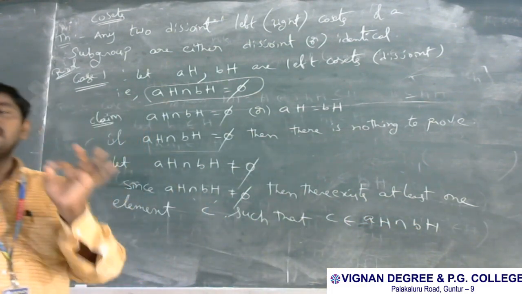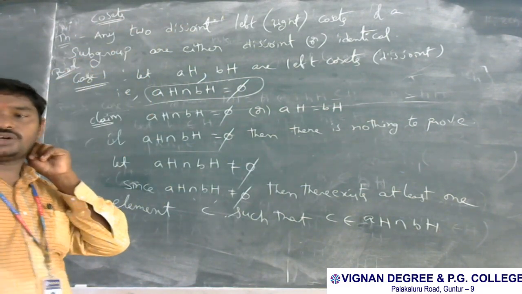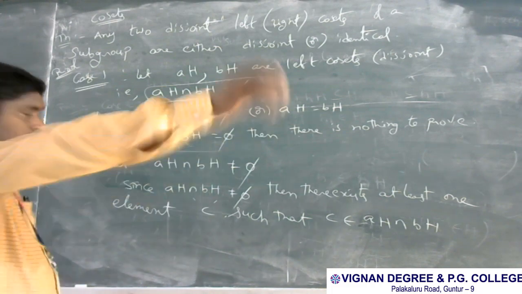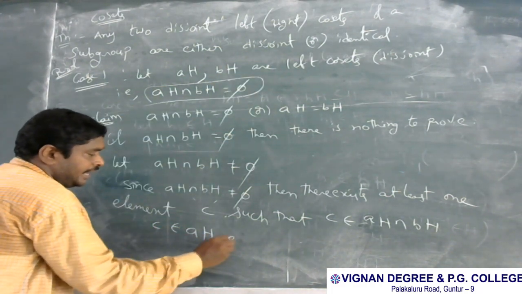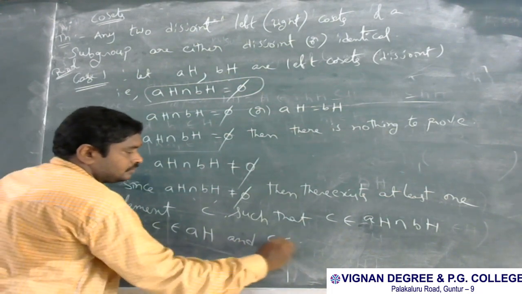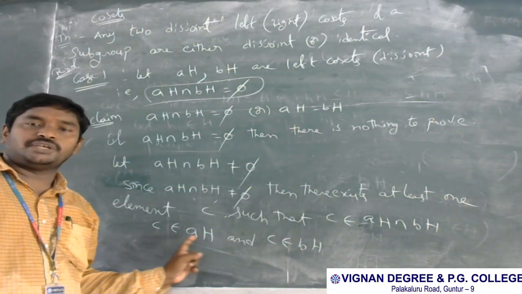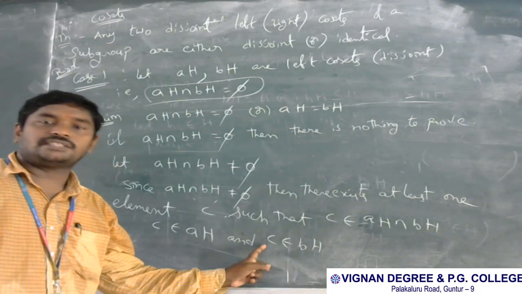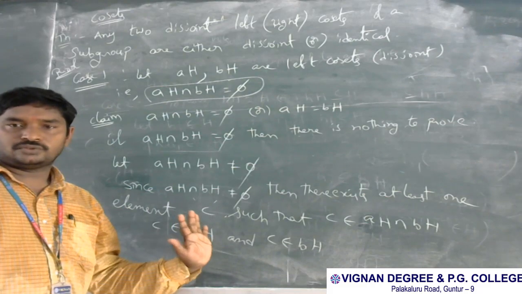Here what does intersection mean? Intersection means and, so common points. So small c belongs to AH and small c belongs to BH. Any doubt? Okay.